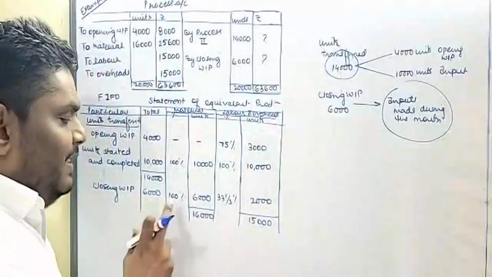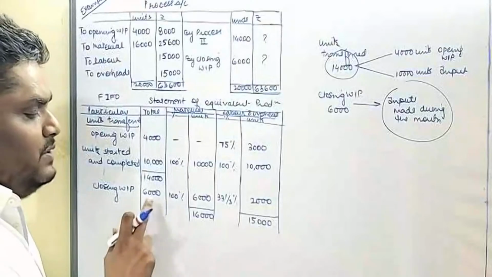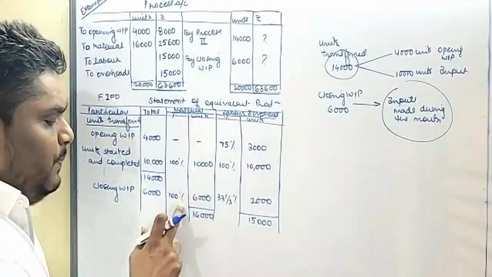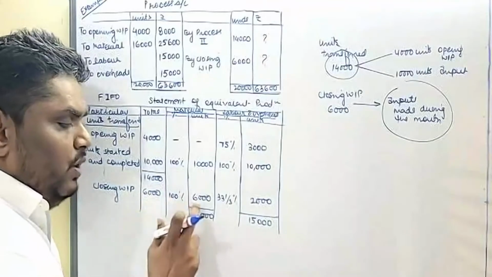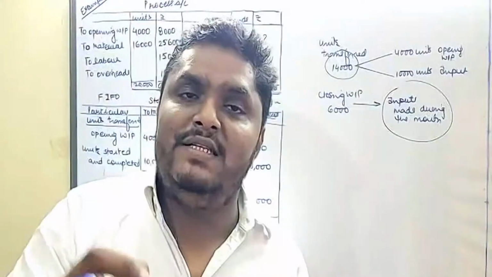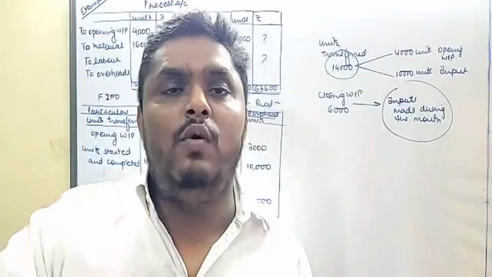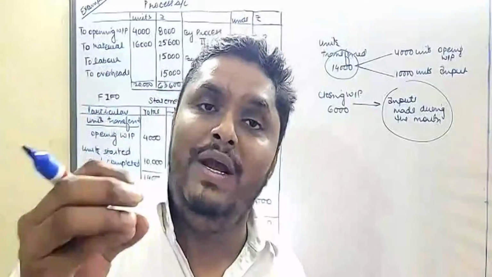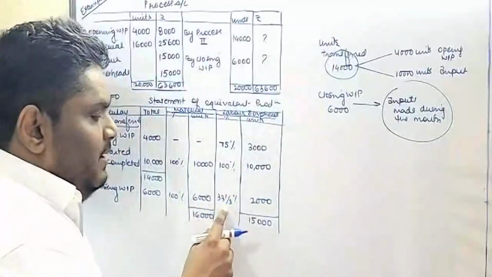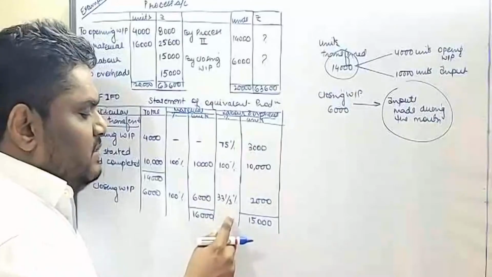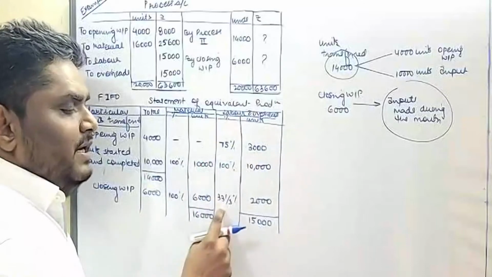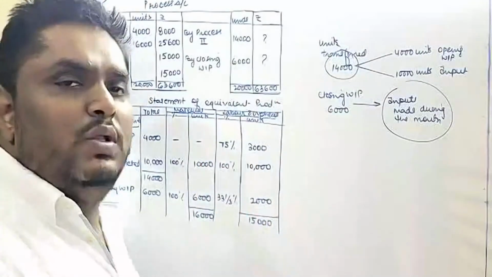So the entire material was introduced into the process, so 6,000 into 100%, that is 6,000. As far as the work that is done by labor and the overheads incurred, that is only 33% of the total work. So 6,000 into 33.33, that is 2,000.